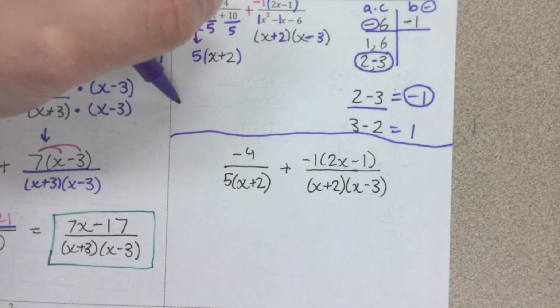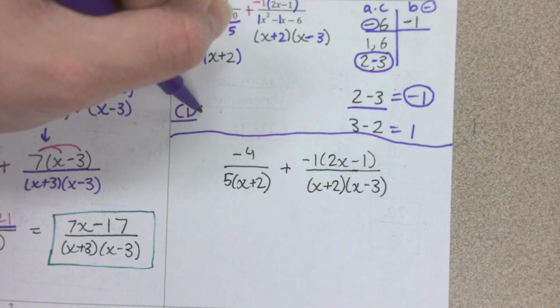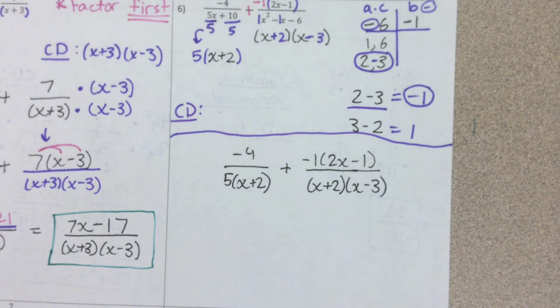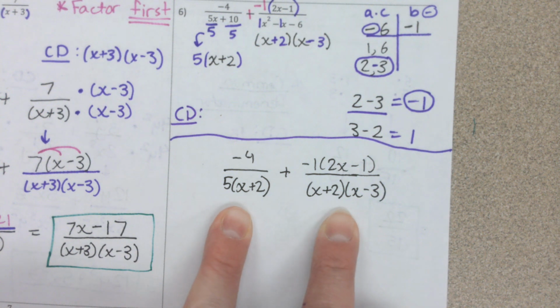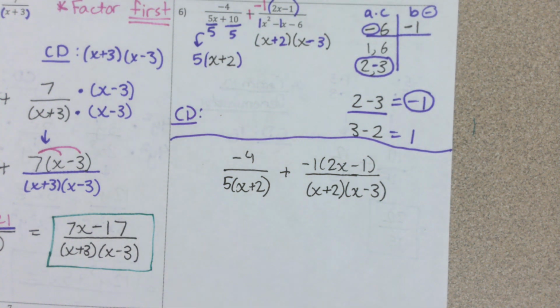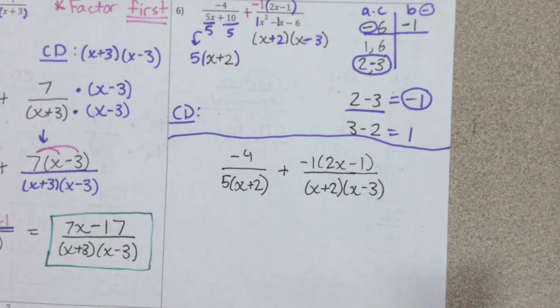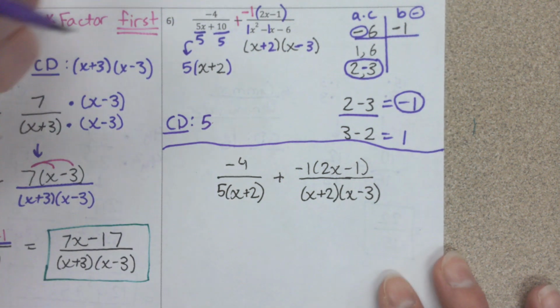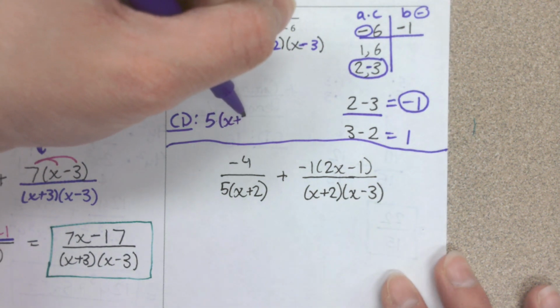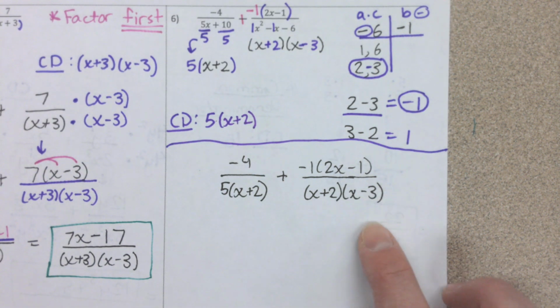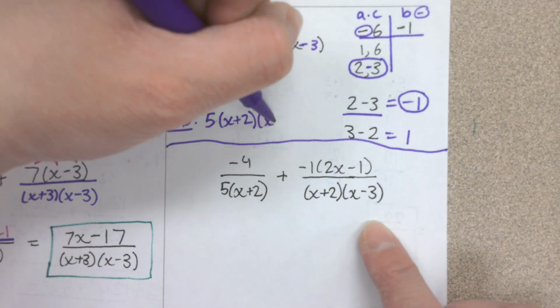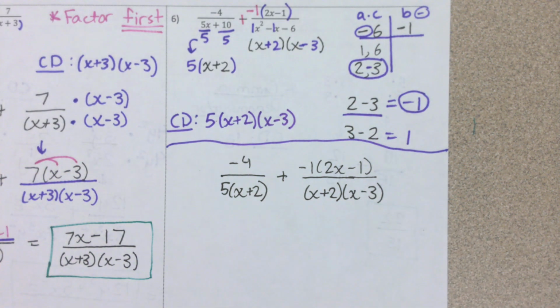Now let's identify the common denominator. Looking at both fractions, and this is collectively, just looking at them together. We have a 5, so that has to be included. They both have x plus 2, so that has to be included. And then the right fraction has an x minus 3, so that has to be included. Again, we can't take things away.